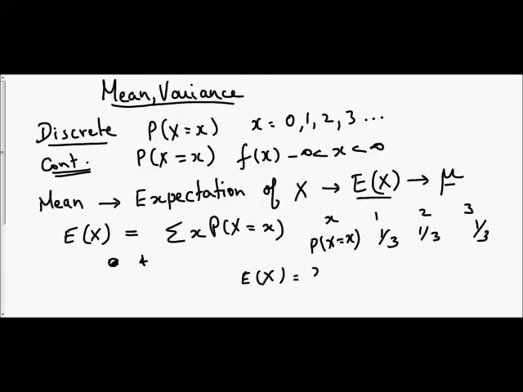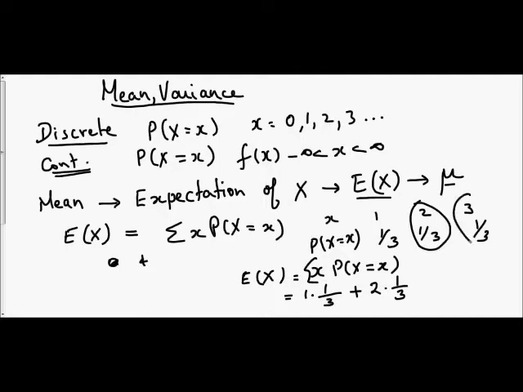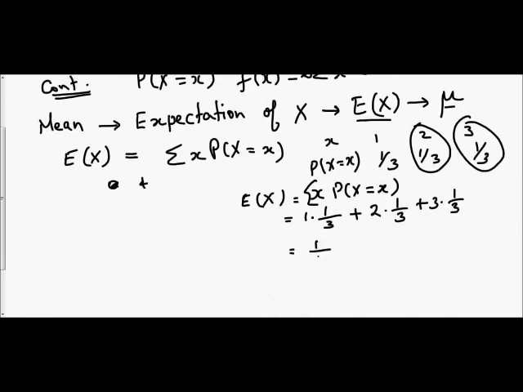You take x times P(X = x) and add all of them. The first value of x is 1, with probability 1/3. The next one is 2, with probability 1/3. And the next one is 3, with probability 1/3. You can simplify this: 1/3 plus 2/3 plus 1, which is 2. So the expected value, mu, is 2. The mean is 2 for this particular question.